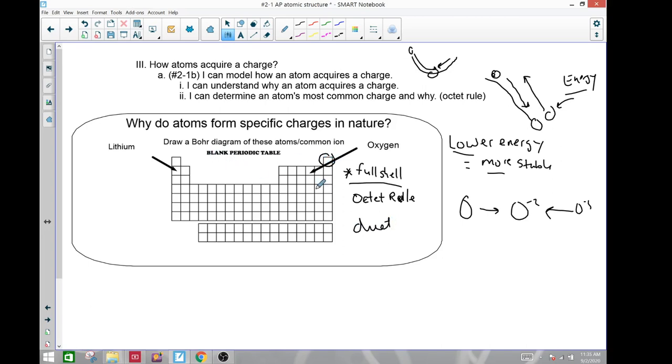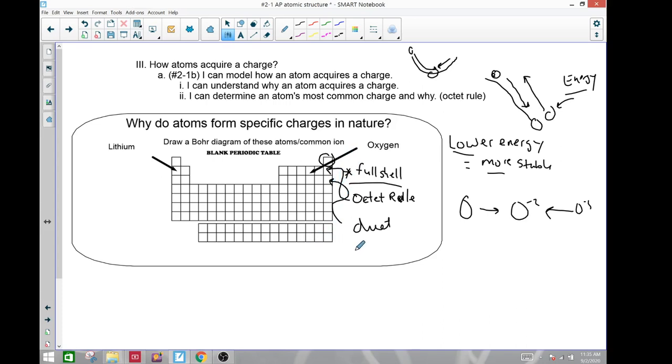Technically the octet rule works really, really good for the second row, and the second row follows this thing like the Bible. It is absolute. The third row will kind of follow the octet rule, but there are some exceptions, because that's all the atom sets up.